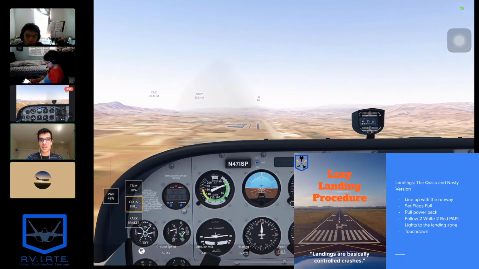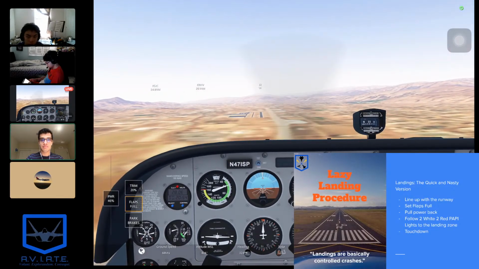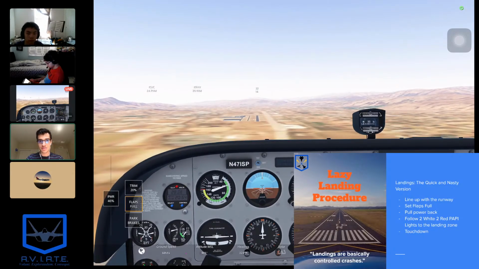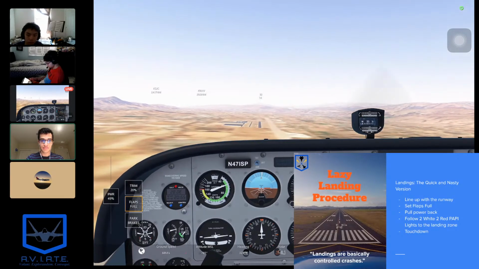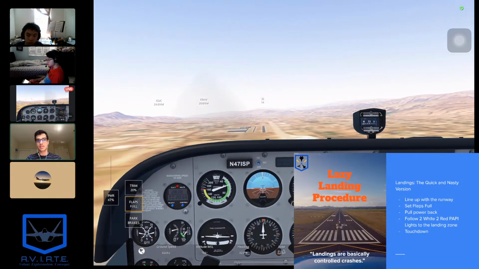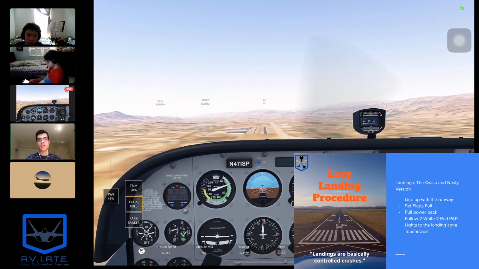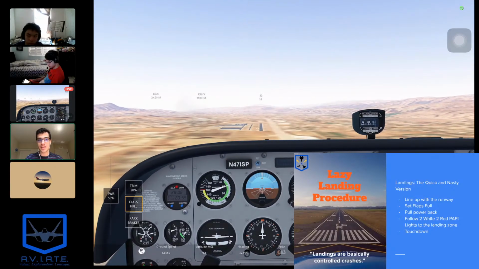You might see different lines and indications on the runway on our slides, but we will discuss those in a future session. If you look at the lazy landing procedure slide on our Google Slides, you can see the PAPI lights next to the runway.